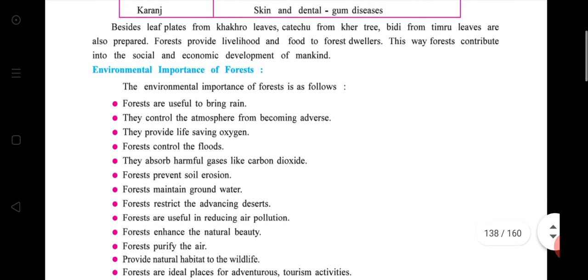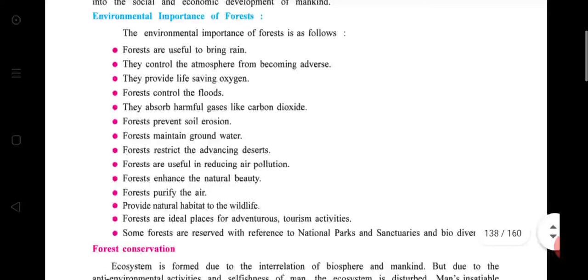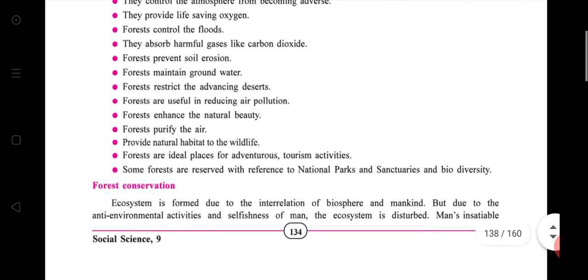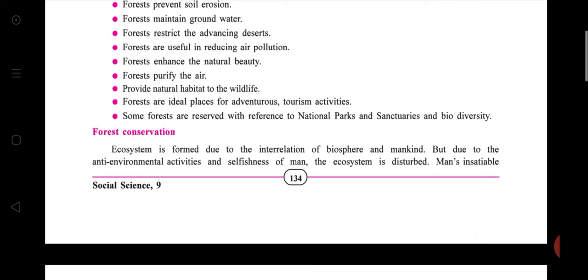And if you have other points, more points except the textbook, then you can also write them with your own knowledge. Use your own knowledge, improve, expand, and try to write more points on the importance of forest. Then write a short note on forest conservation, one time in fair note, one time in rough book.